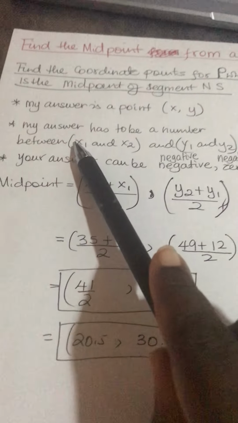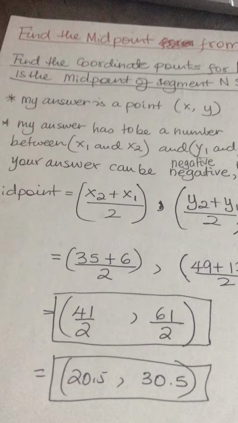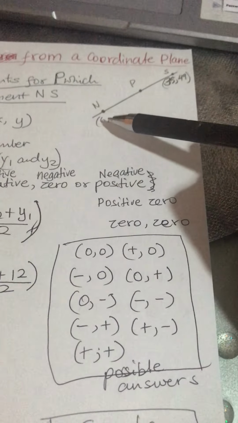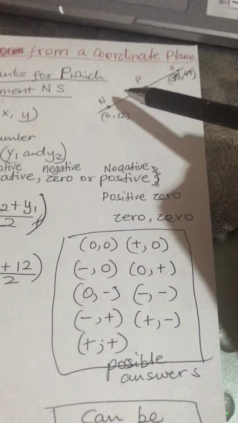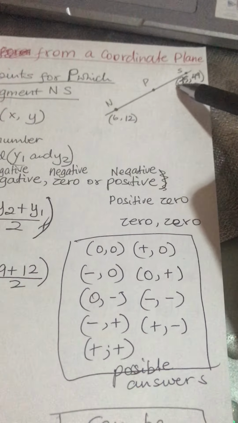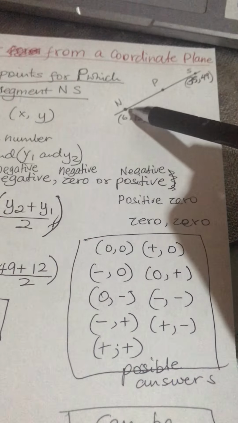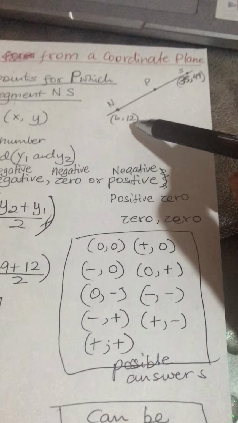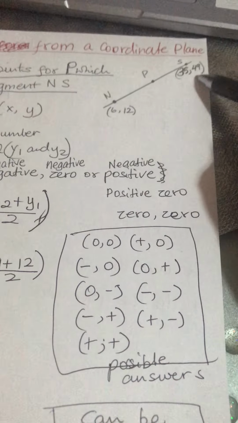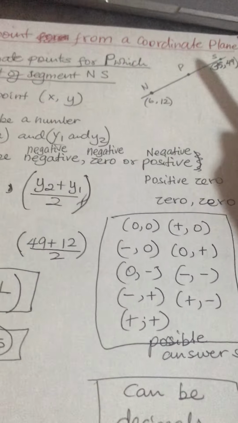Okay? My answer has to be a number between x1 and x2. If you get a number that is not between 6 and 35, if this were your question, then you're wrong. If you don't get an answer that is between 12 and 49, that means you're wrong. Okay?